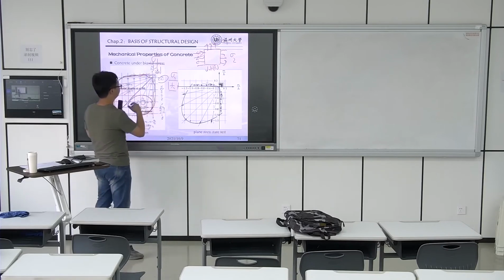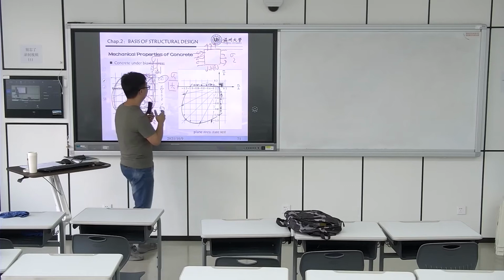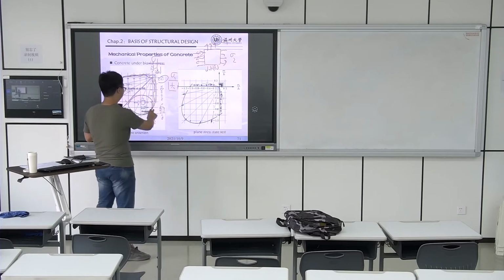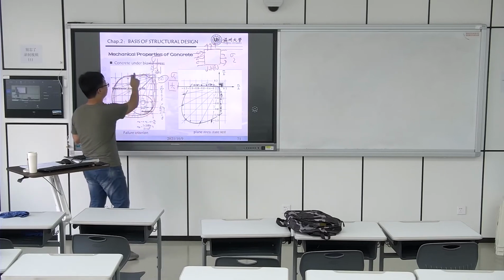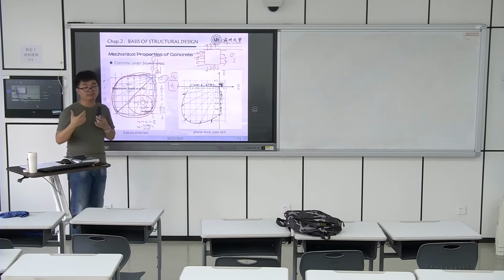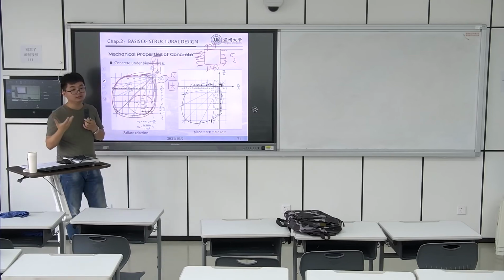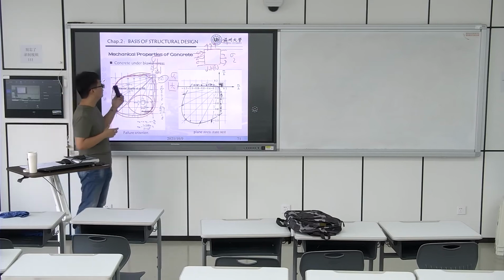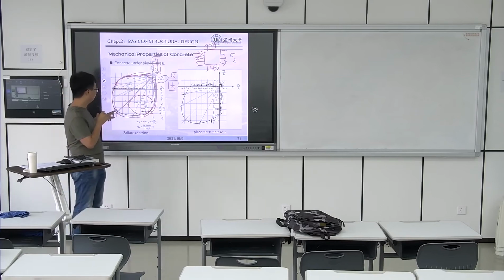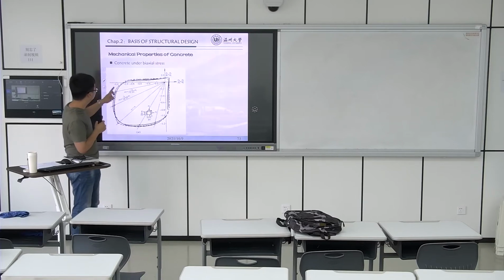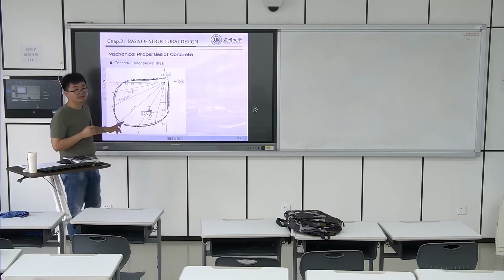And this line drawn here is the disjoint. That means when the values come to this value, like here is 1.2, yeah, this is 1.2, come to here, that means the specimen is destroyed.